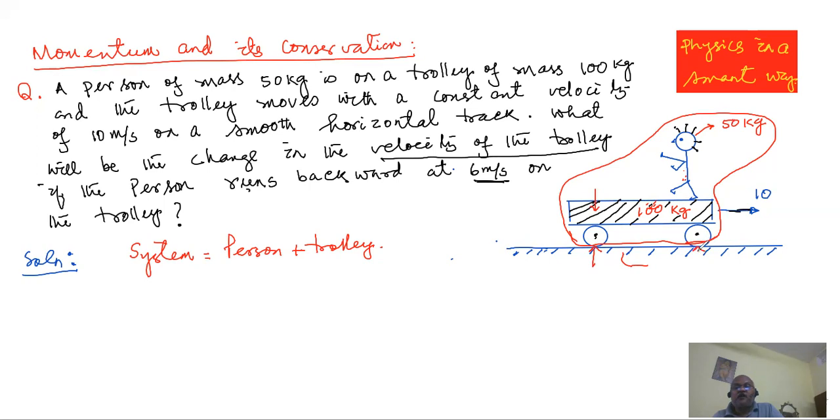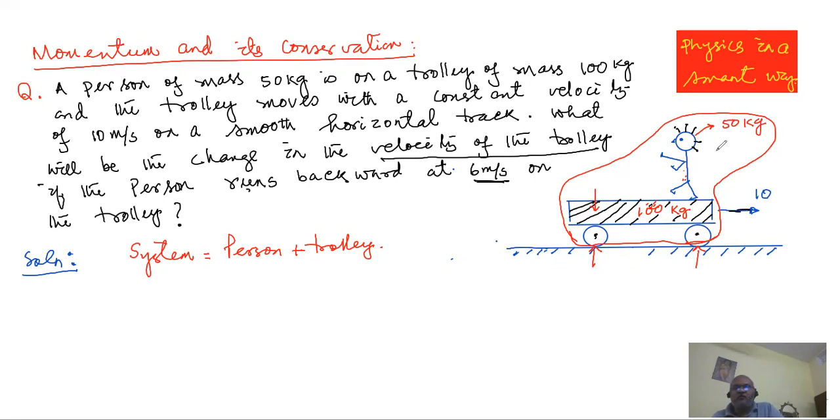But fortunately, we can save ourselves because we are interested in the motion in the horizontal direction. Yes, external forces like gravity and the ground reaction do act on the person and the trolley, but those are vertical forces, and vertical forces do not influence the horizontal happenings.